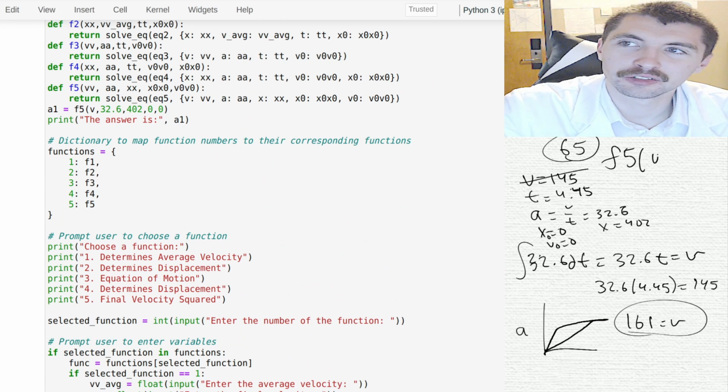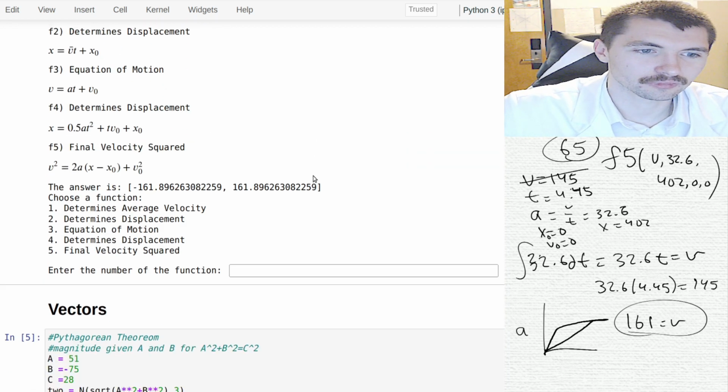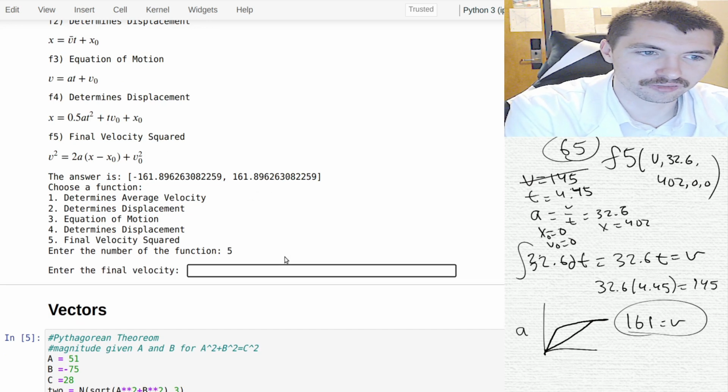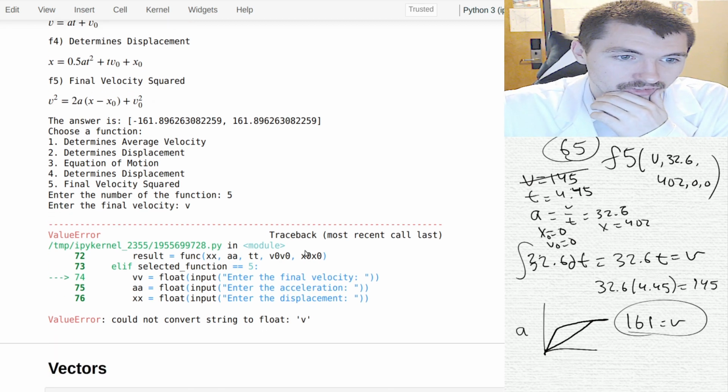F5 B 32.6, 40200. So I want to do function 5 velocities V, construct string to float.